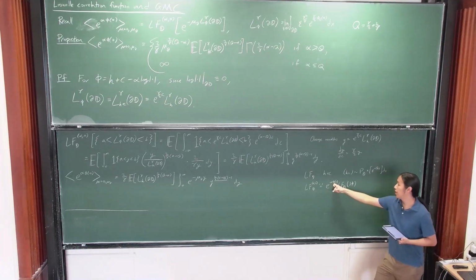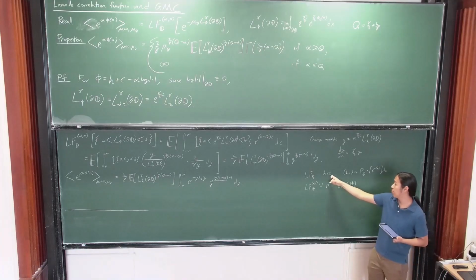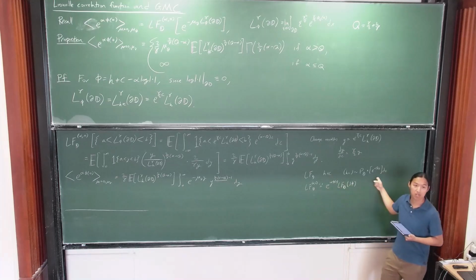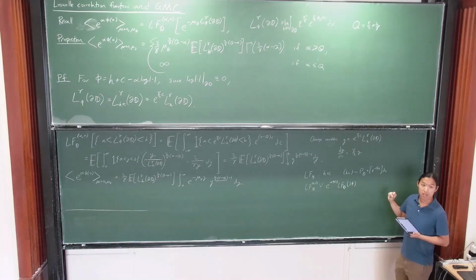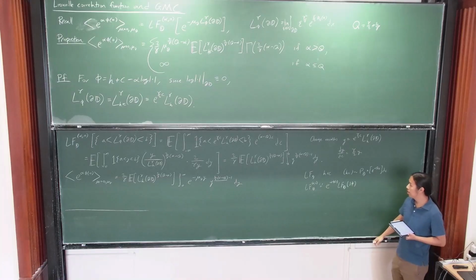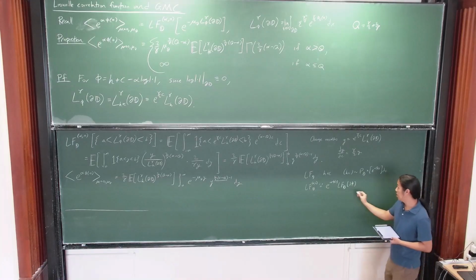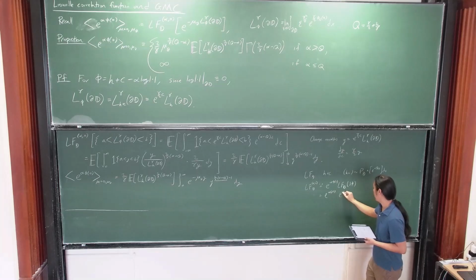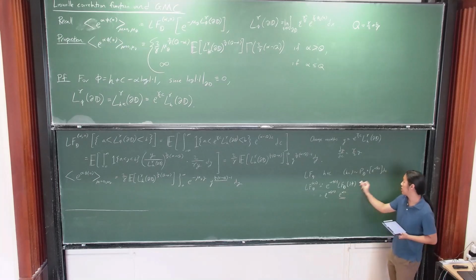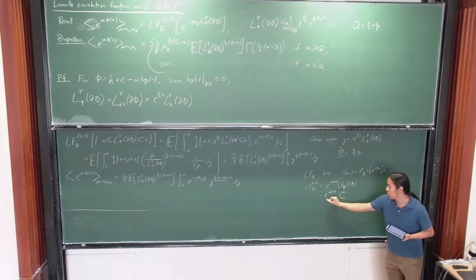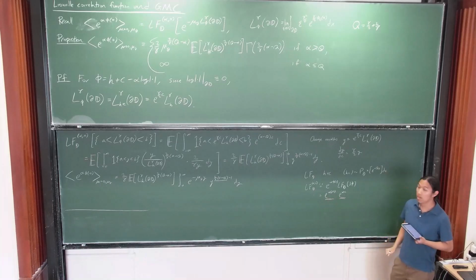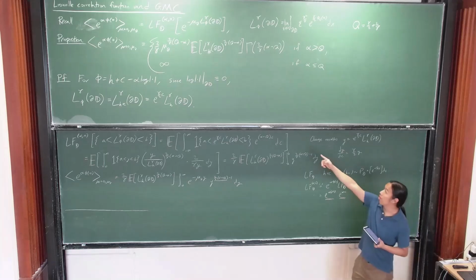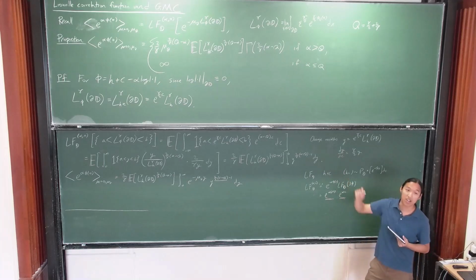And phi is a copy of c, so this gives you an alpha c, which will show up here. So this is going to become e to the alpha h naught times something, and then you get an e to the alpha c times something. This one gets absorbed here. This one gives you a Girsanov shift to the free field. And that's why we have this log alpha in the definition there.